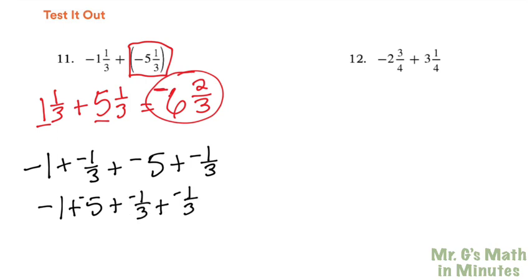And then just go ahead and put them together just like I just finished doing in red here. Negative 1 plus negative 5, well, that gives me negative 6. Negative 1/3 plus negative 1/3, got to add all of that together. So that's going to give me a negative 2/3. And then negative 6 plus negative 2/3 is a negative 6 2/3.